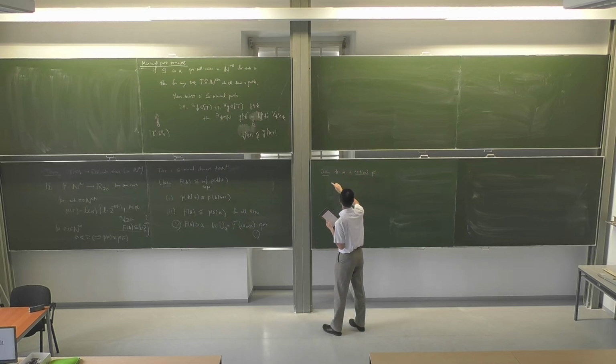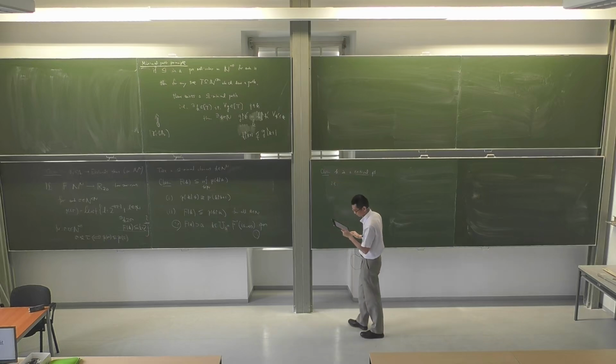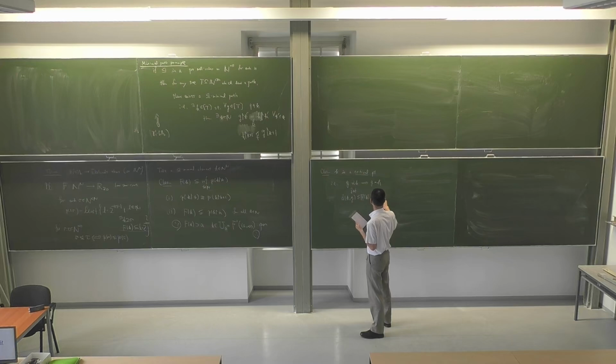If g is not equal to h, then this is the definition: the distance between h and g has to be smaller than F of h minus F of g.